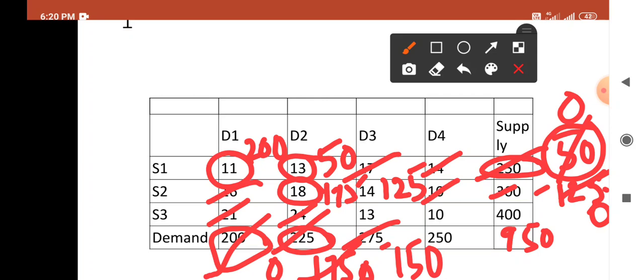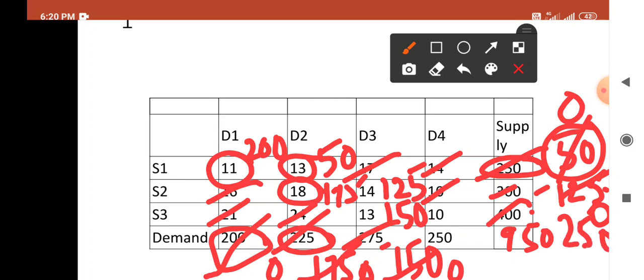Now the remaining are 13 and 10. We'll take 13, the northwest corner. Here D3 column has 150 and S3 row has 400. So we compare 150 and 400. 150 is the minimum, so we'll allocate it. Now 150 minus 150 is 0, so D3 column becomes 0. 400 minus 150, the remaining is 250.